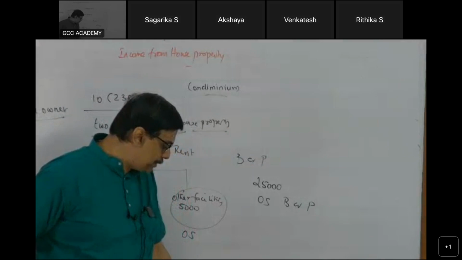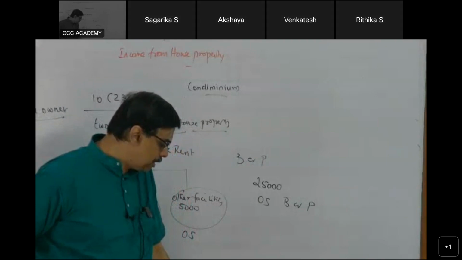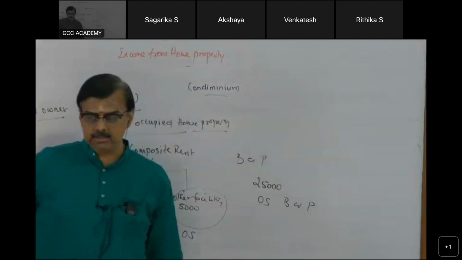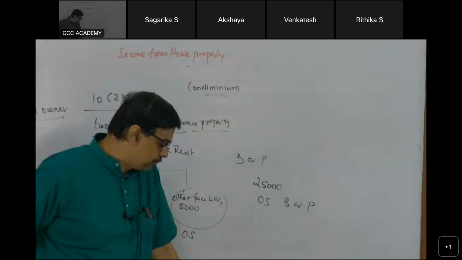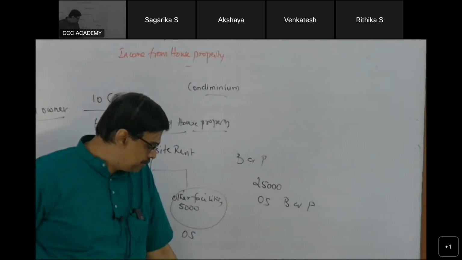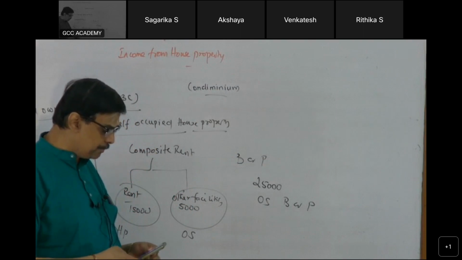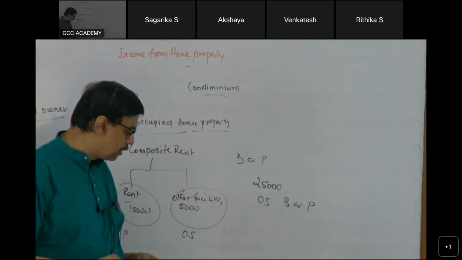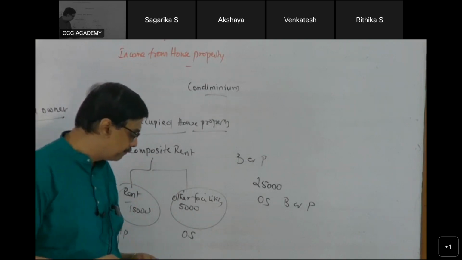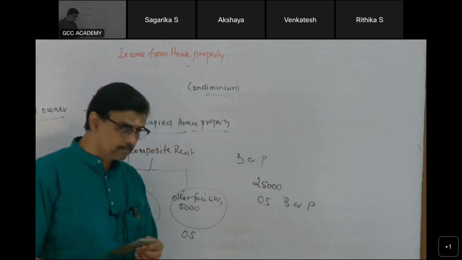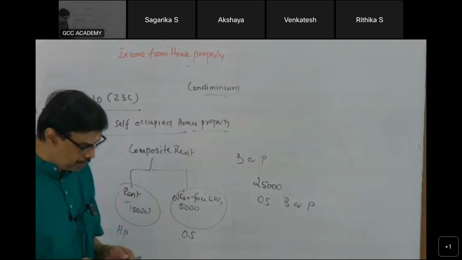If an individual owns a house property and transfers the house property without adequate consideration to his or her spouse or his or her minor child, the transferor is deemed to be the owner of the house property.